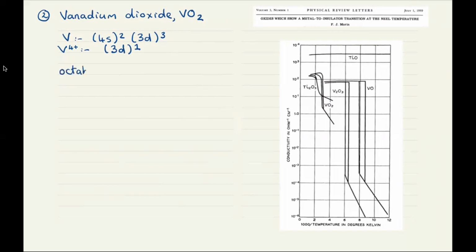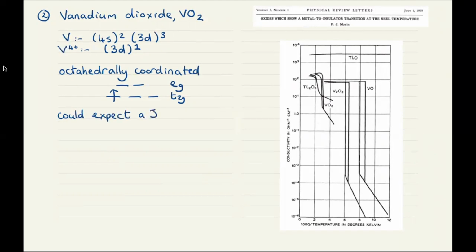The vanadiums are octahedrally coordinated, and so they also have the splitting of the d orbitals into the 3 t2g and 2 eg levels, and there's a single electron in the t2g, and so we could expect a Jahn-Teller distortion to lift the degeneracy.